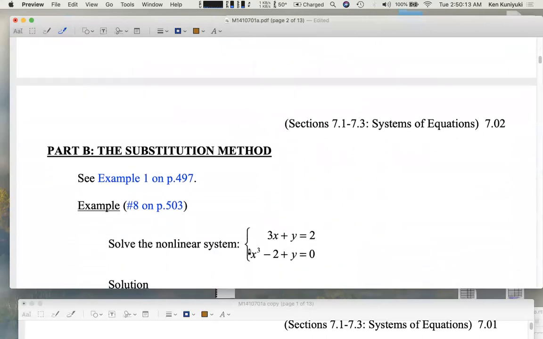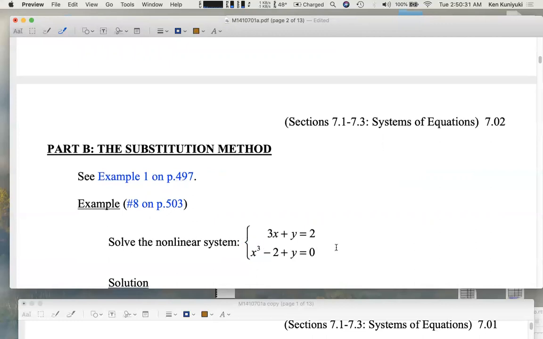Let's start by solving this nonlinear system, and let's use the substitution method. The other method we'll talk about may be more appropriate if we have a whole bunch of like terms in both equations. Here, we have this x cubed term kind of sticking out there, so the substitution method might be better than the elimination method we'll talk about later.